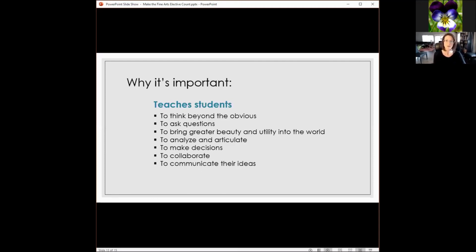You'll need to talk about a reason why someone should do something the way you think they should. You need to be able to be persuasive. You need to be able to support your idea. You need to be able to just discuss why you have done something the way you've done it. So classes in the arts help your student learn how to communicate their ideas.